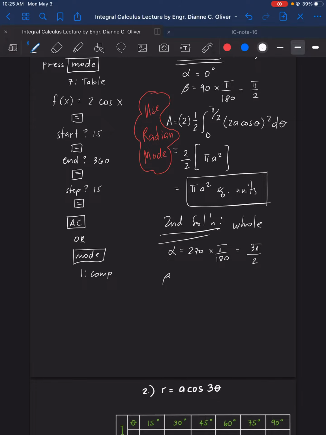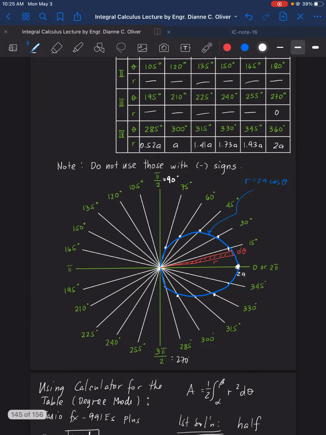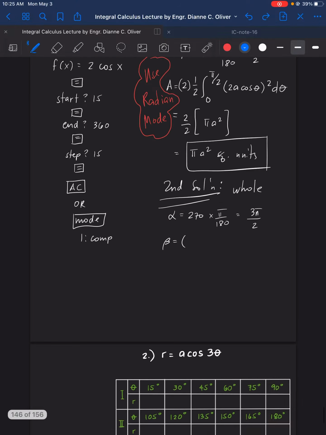As for the beta, take note, 270 reaches 360, and then another revolution. So 270, 360, and then another one. Means 360 plus 90.